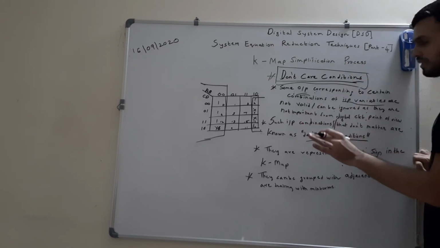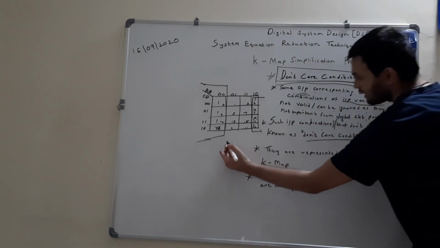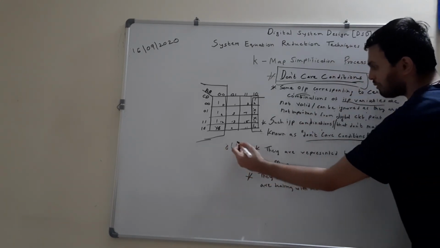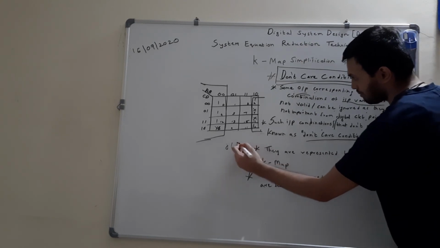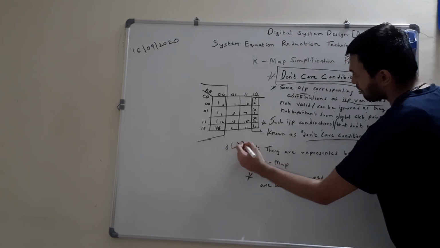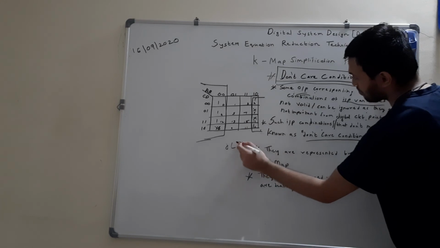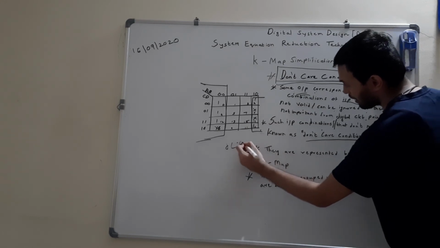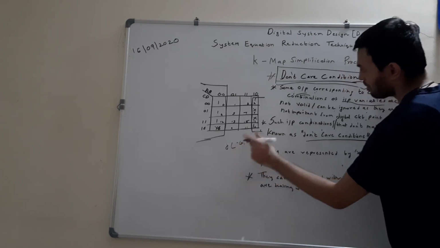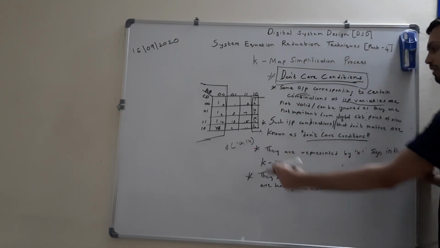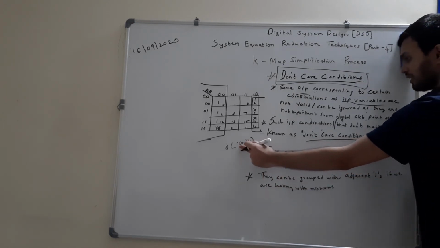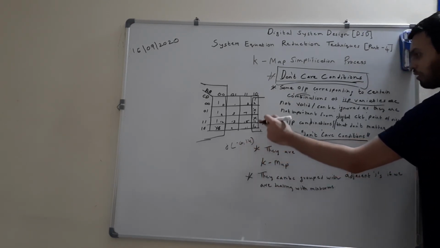Don't care conditions are directly given as D, and in brackets the corresponding min terms or max terms are given. Like here in our case, just for example sake, I have taken don't care condition to be 6 and 14. So what does this mean when I have D in bracket 6, 14? So 6 min term and 14 min term are don't care conditions.